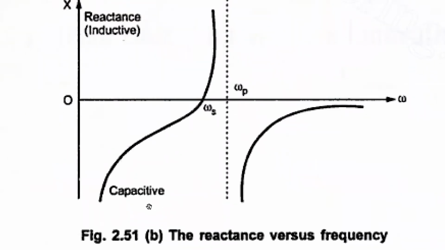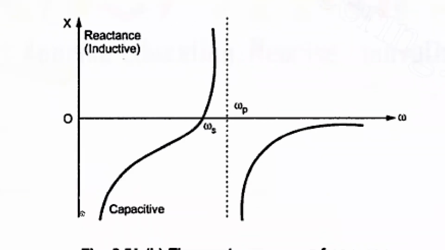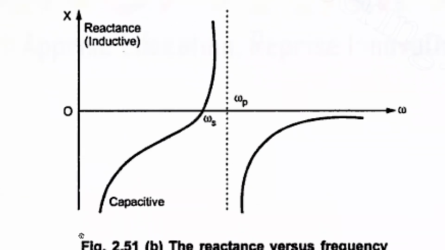So what have we understood? For very low frequencies, we have the reactance tending to minus infinity. When omega is equal to omega s, x is 0. When omega becomes close to omega p but slightly less, x is plus infinity.